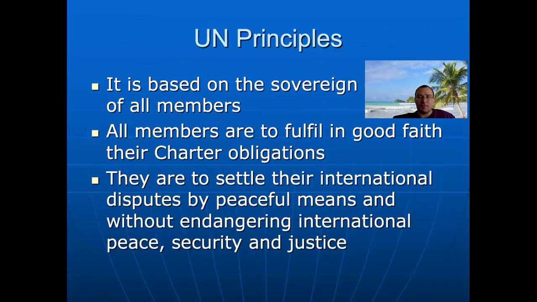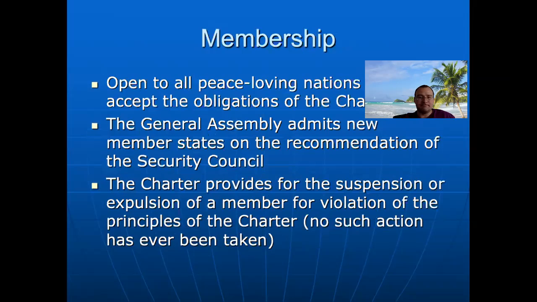Countries which are members of the United Nations have to try to achieve peace if possible. If countries don't adhere to peace, they could be removed from the United Nations. It never happened. And the organ which admits new members to the United Nations is the General Assembly.